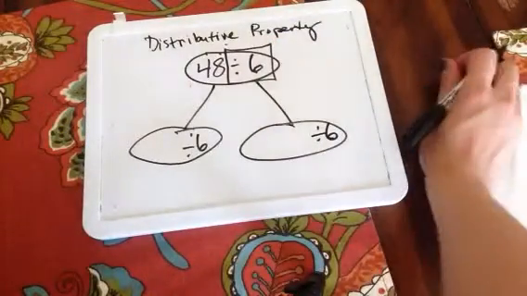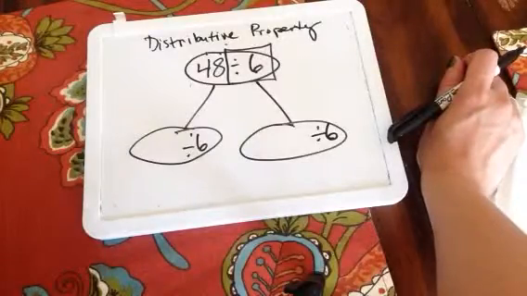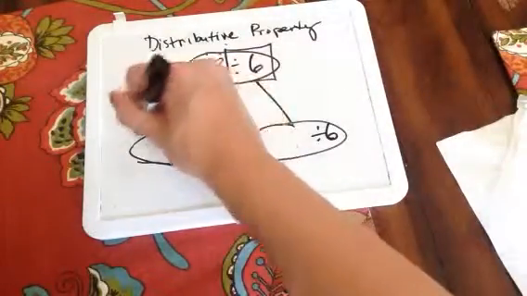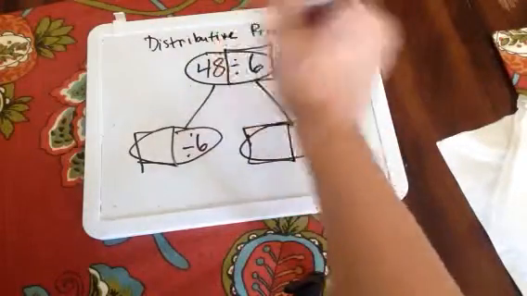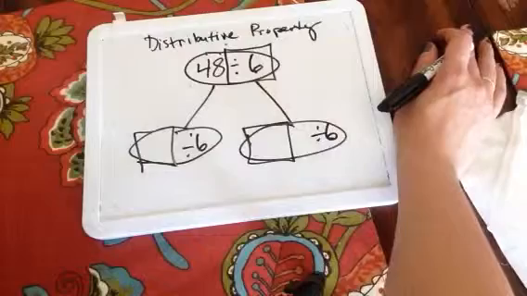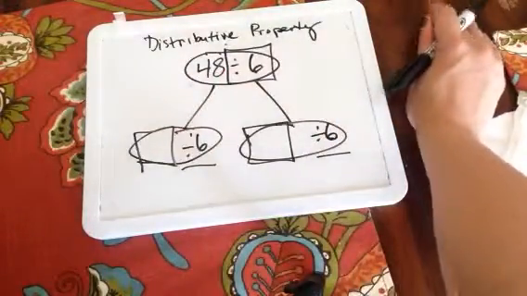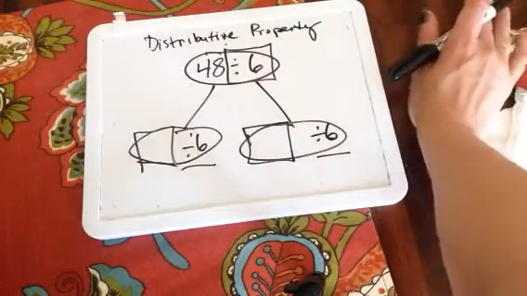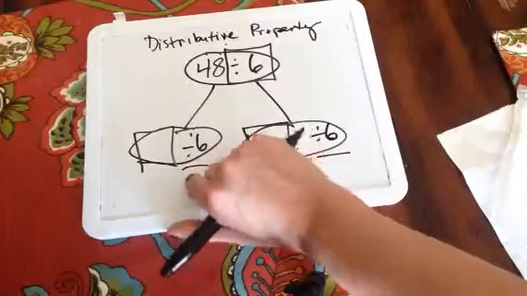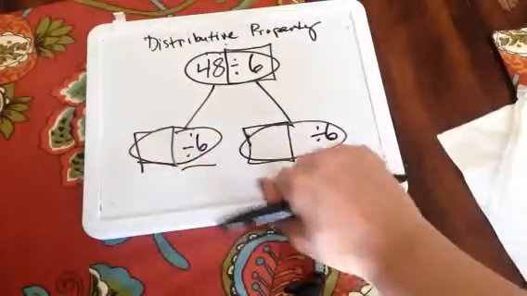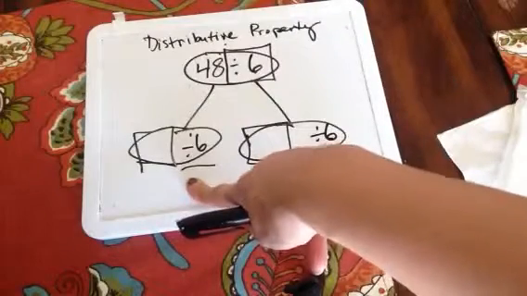Well, we have to think about what 2 numbers here, added up to 48, are going to be also divisible by 6. This is the trick. With multiplication, you don't have to worry about this because you can multiply whatever. But here, you've got to have 2 numbers that you can divide by 6 evenly.